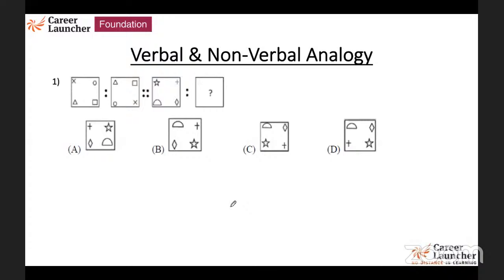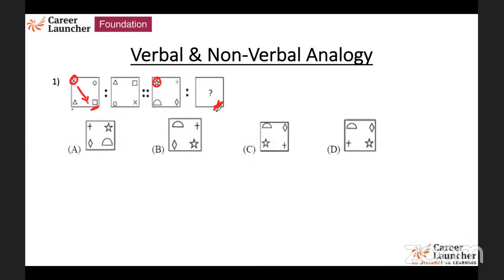The answer, my friends, is not, okay, you have to be careful about it. Look at this and this. This is getting exchanged to this place. That means this gets exchanged to this place.